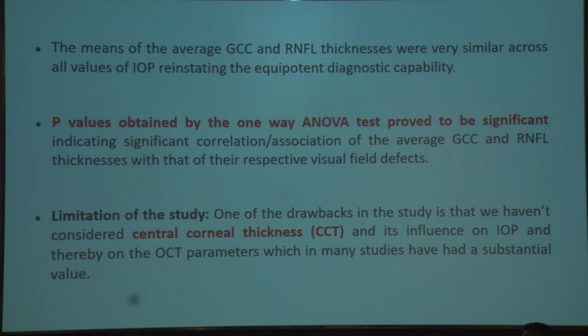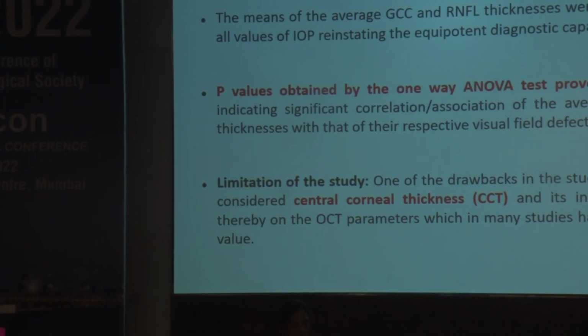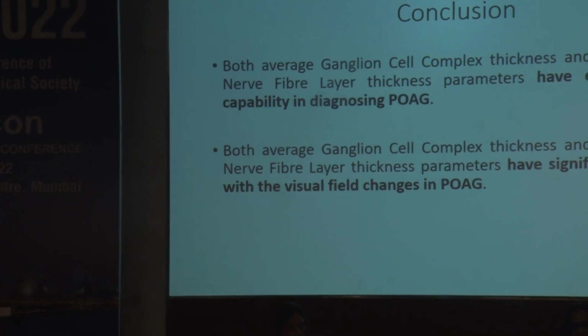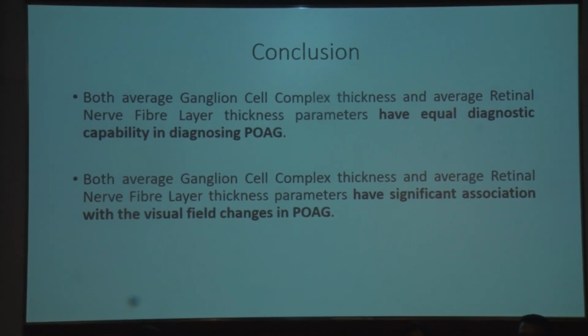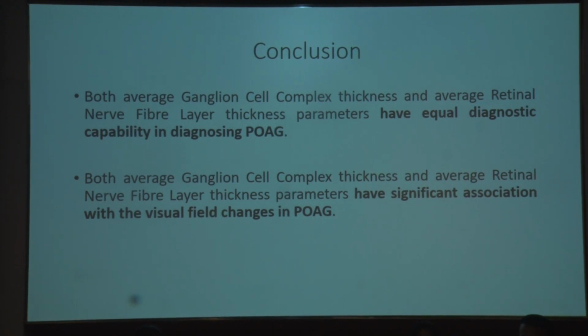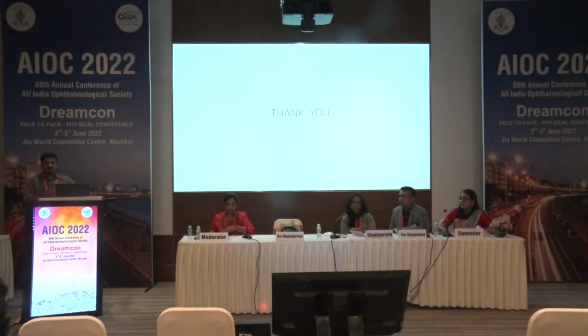But there was a limitation to my study, that is, we hadn't measured the central corneal thickness, which usually has a significant influence in diagnosing primary open angle glaucoma. To conclude, both average ganglion cell complex thickness and average retinal nerve fiber layer parameters have equal diagnostic capability in diagnosing POAG. Both average GCC thickness and RNFL thickness parameters have significant association too with the visual field changes in POAG. So these are my references that I had mentioned here. Thank you.